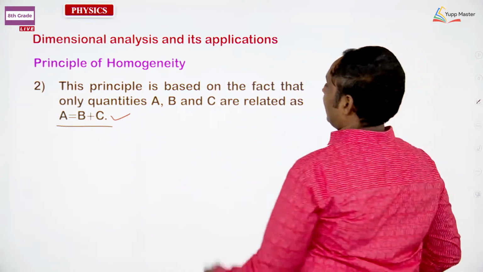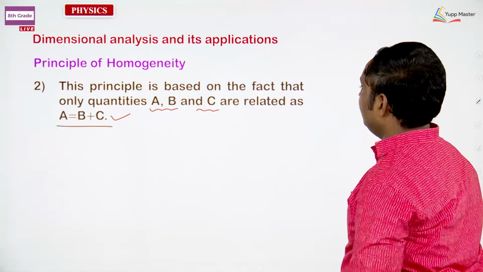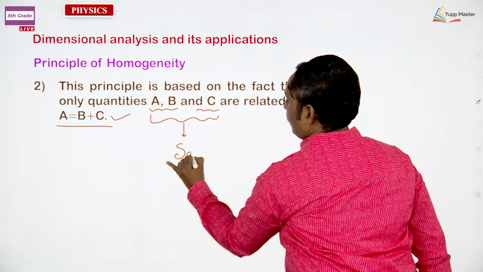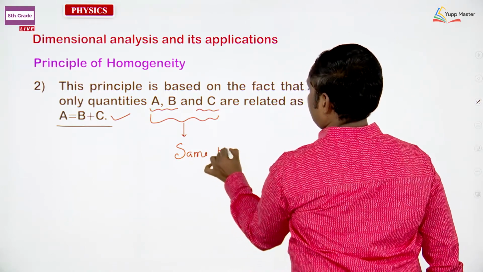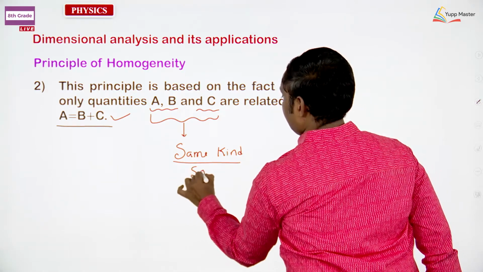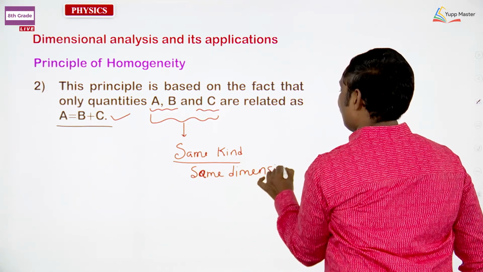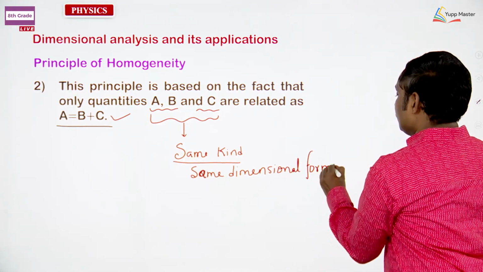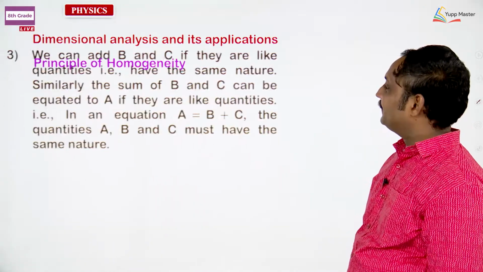A, B, C are related as such if they are of the same kind, that is, they have the same dimensional formula. So it is very clear. We are going to take the next one.